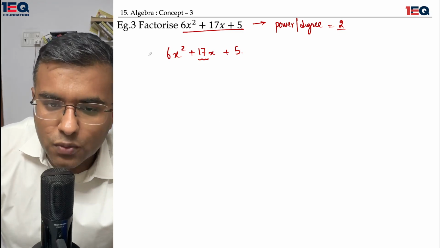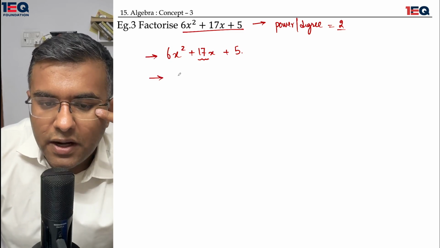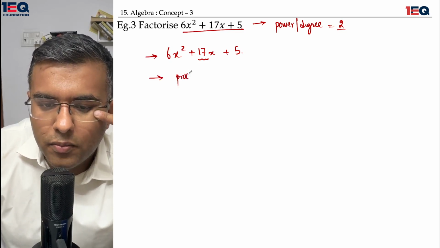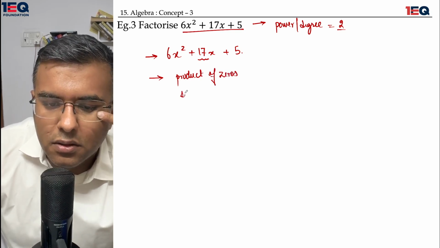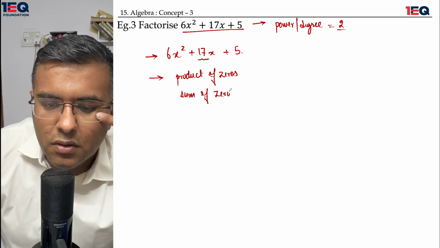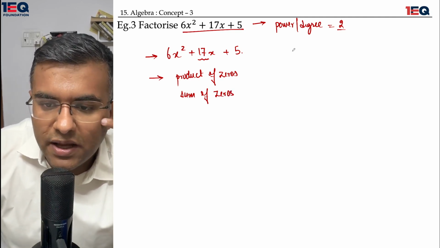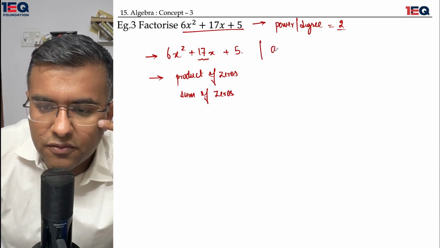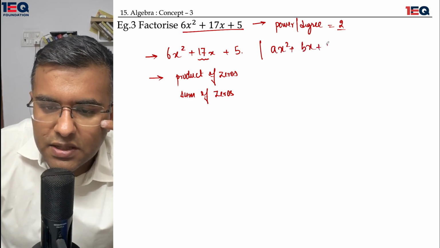So what do I do? I find out the product of zeros and the sum of zeros. Let me introduce the standard form here: ax square plus bx plus c.